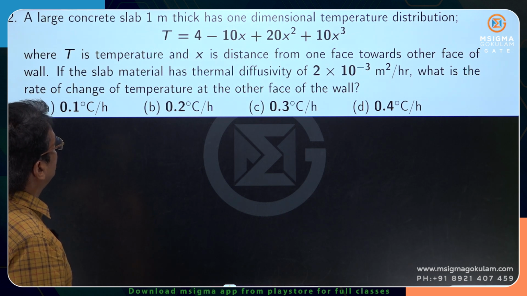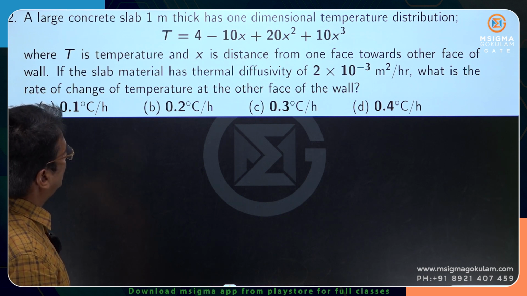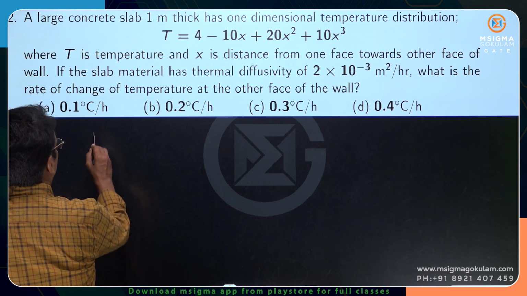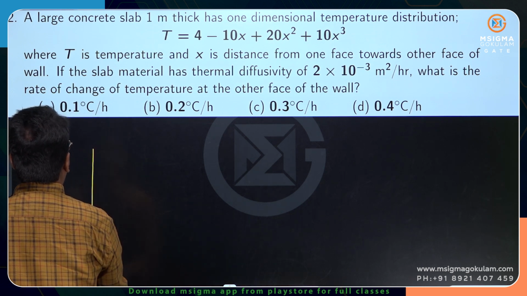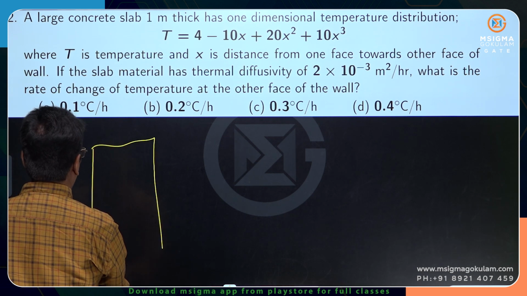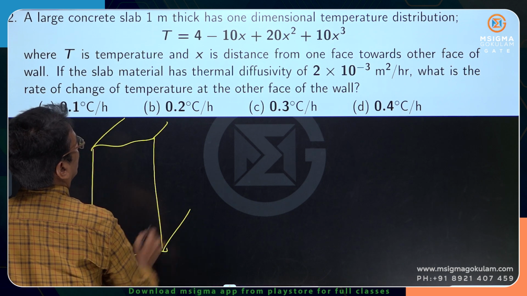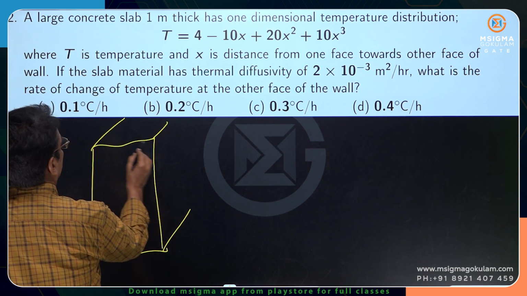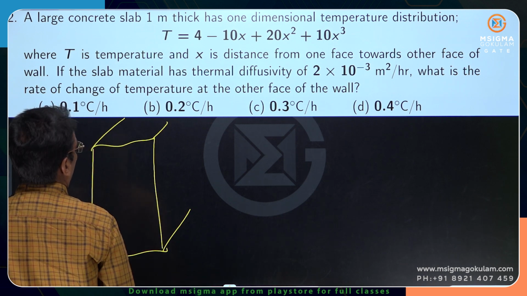A large concrete slab 1 meter thick has a one-dimensional temperature distribution. If x is the distance from one face, in one-dimensional conduction the temperature is only a function of x. If the slab material has thermal diffusivity alpha, what is the rate of change of temperature at the other face?